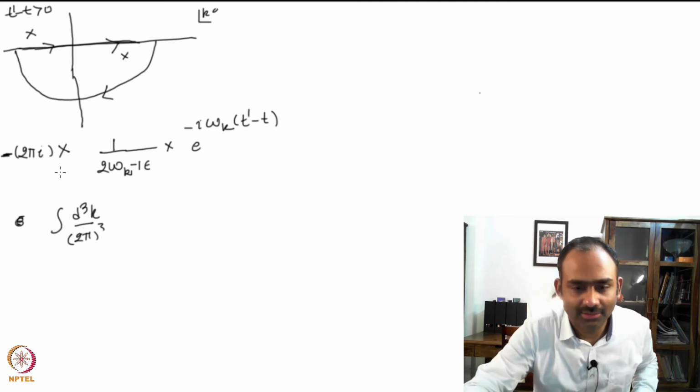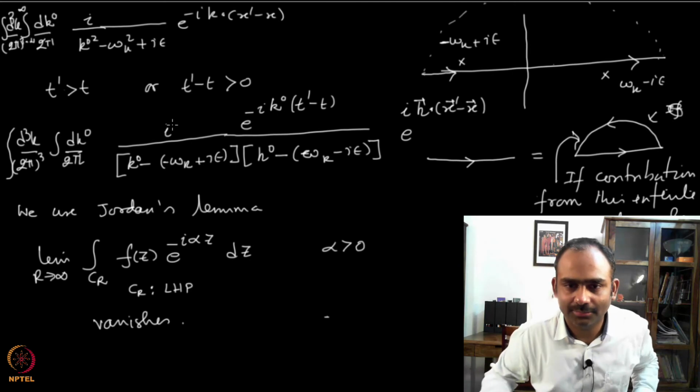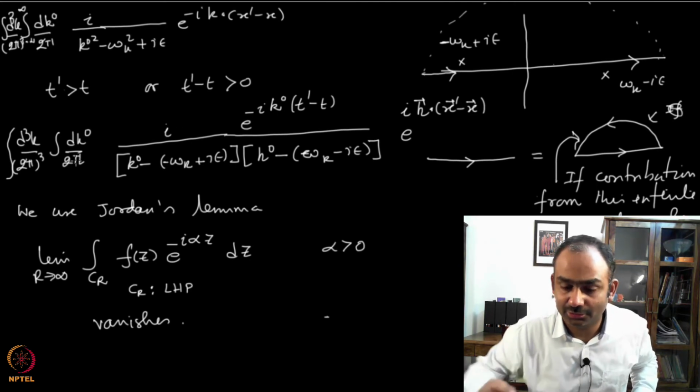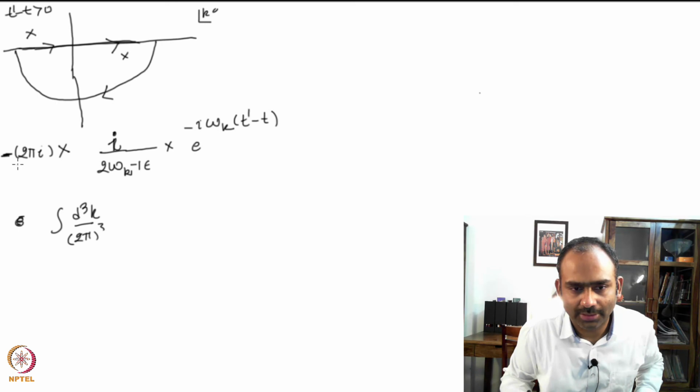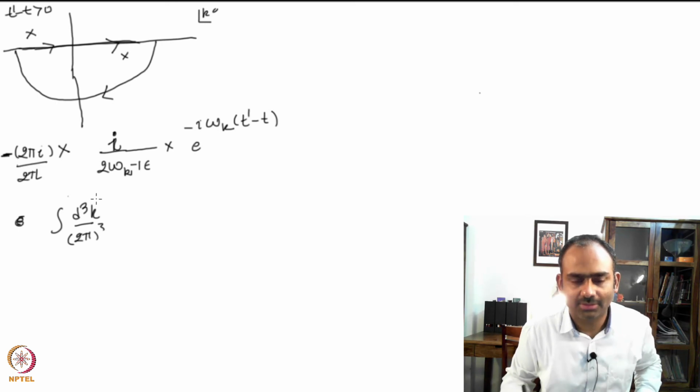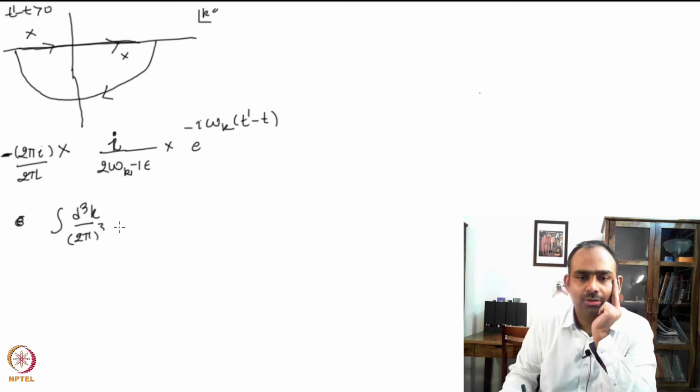Yeah, I am missing that factor of i and this factor of 2 pi. So, that i is here, and we also have a 1 over 2 pi. Okay. So, I have d cube k over (2 pi) cube, and then i times i is minus 1, minus minus is plus, and 2 pi cancels.